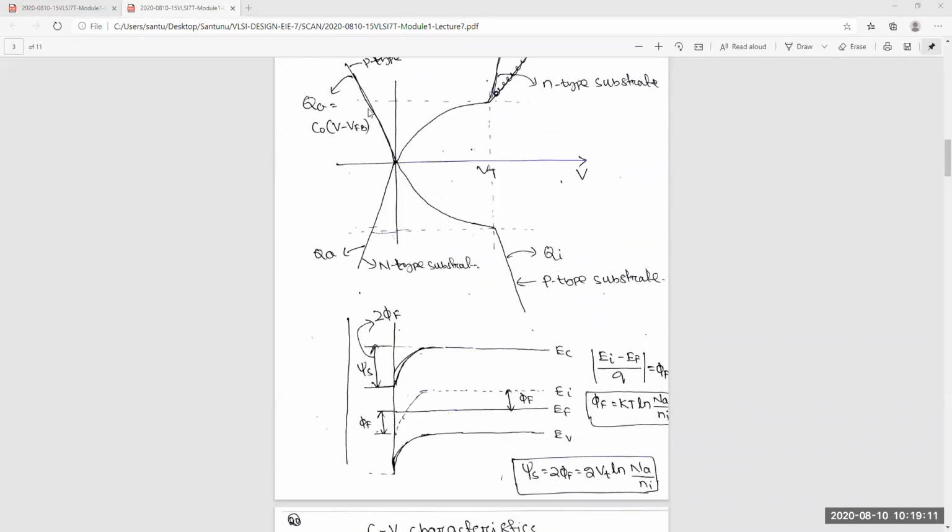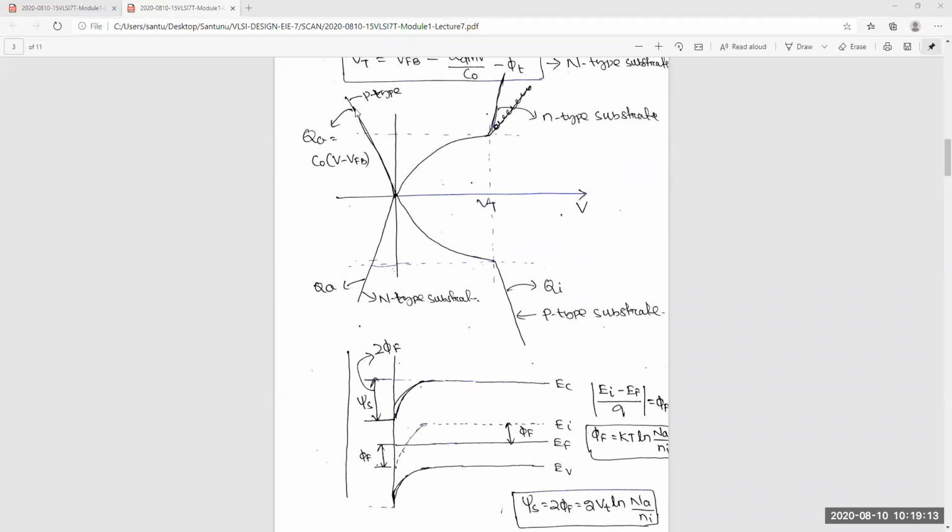So this is for P substrate we will calculate. So this is QA here, C0 into V minus V flat band. Actually, if it is ideal, then you can put 0 in the place of flat band, but it's a real capacitor. That's why you have put its flat band voltage.